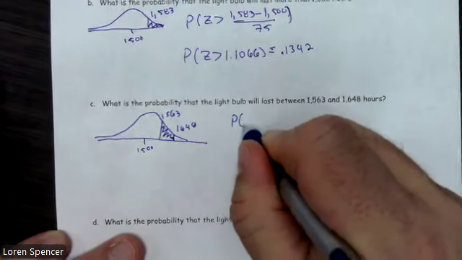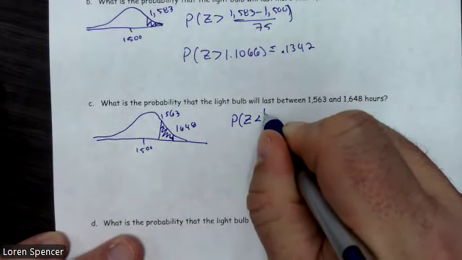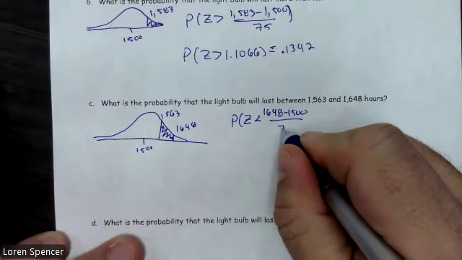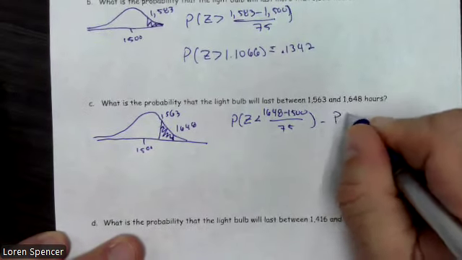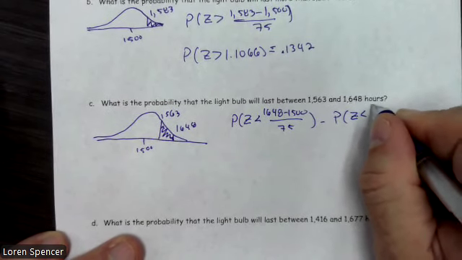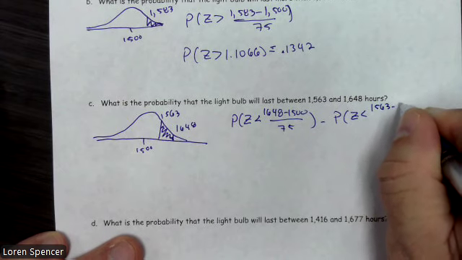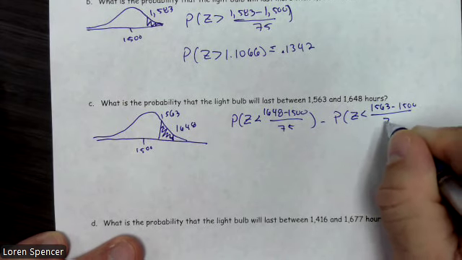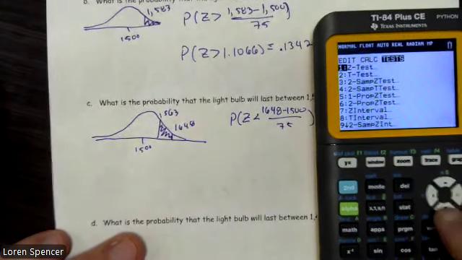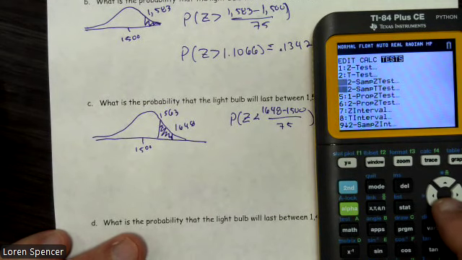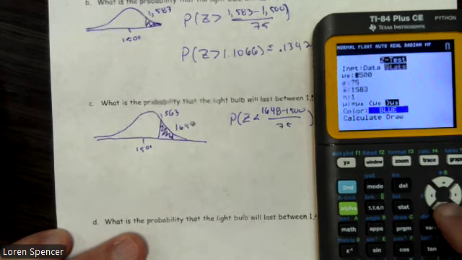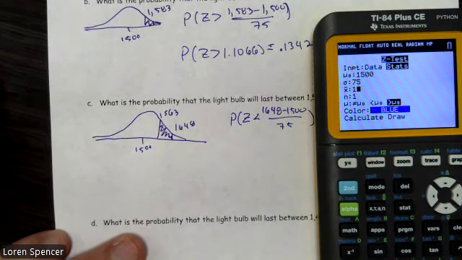So the probability that z is less than 1648 minus 1500 over standard deviation of 75, minus the probability that z is less than 1563 minus 1500 over 75. Z test, and we're starting off at 1648.